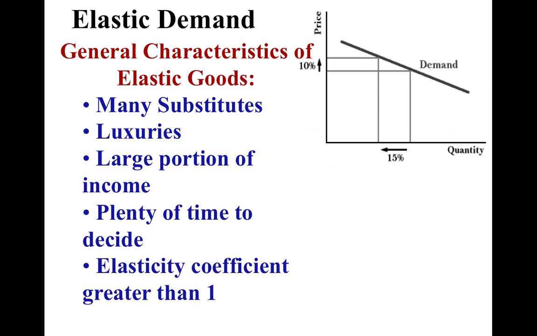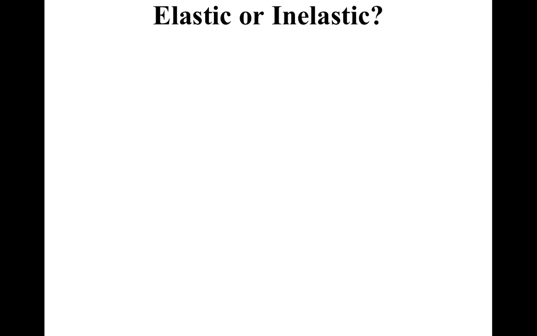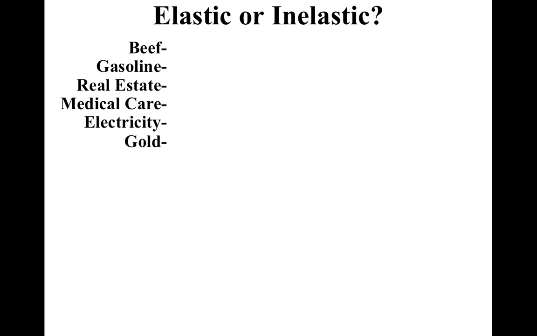And in this case, we see an elasticity coefficient of greater than 1. And again, you calculate that coefficient the same way: percent change in quantity divided by percent change in price. In the example above, we see an elasticity coefficient of 15% change in quantity divided by 10, so an elasticity coefficient of 1.5, which is greater than 1. And the larger the elasticity coefficient, the more elastic it is, right?